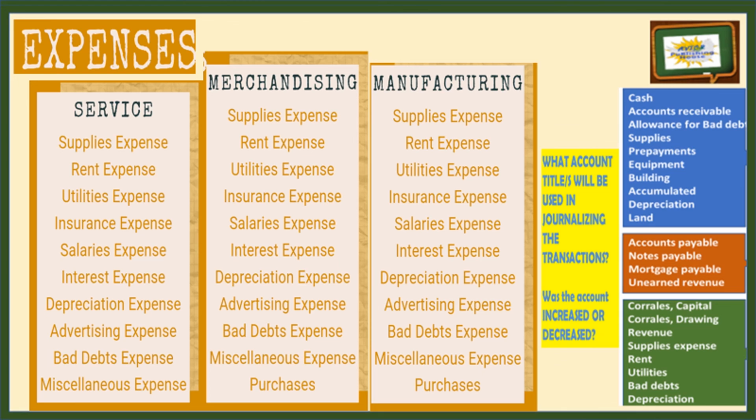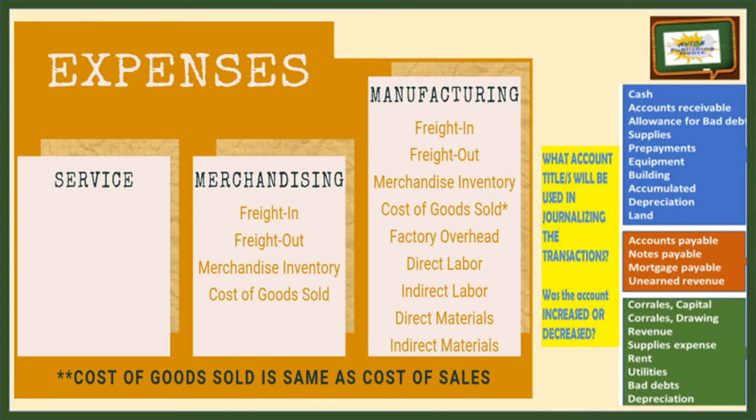Okay, so that's the distinction of the different business activities. In merchandising, other accounts will be freight in, freight out, merchandise inventory and cost of goods sold. Same with manufacturing.